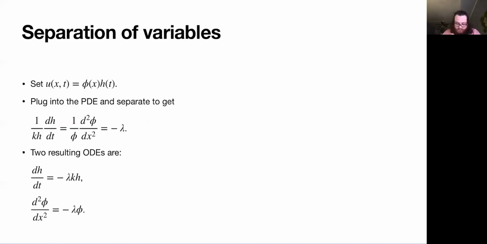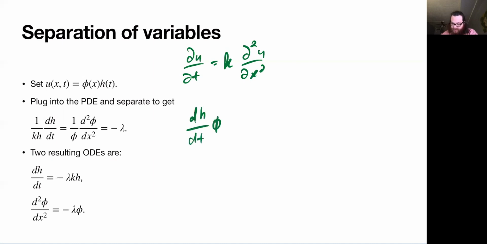Okay, so as before, we're going to set u of x comma t, we're going to look for a separated solution. And so recall, the PDE was du dt is k d squared u dx squared. So plug in u of x comma t. What we're going to end up with is dh dt times phi is equal to k d squared phi dx squared times h.